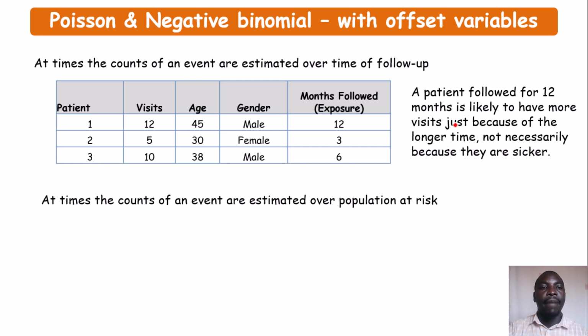We have scenario number 2, whereby at times our count outcome is estimated over a population at risk.